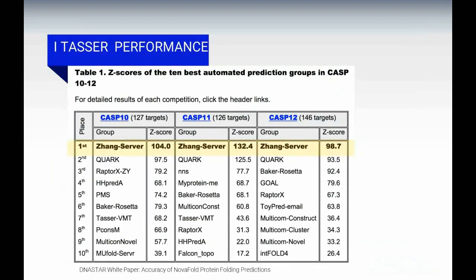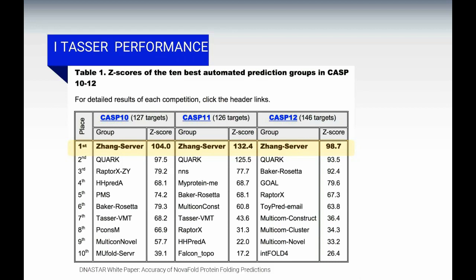The I-TASSER algorithm itself has been benchmarked over the past decade in an experiment called the Critical Assessment of Structure Prediction, or CASP. The I-TASSER server is listed as the Zhang server in the CASP competition, and for the past 12 years it has been the number one ranking automatic algorithm available.